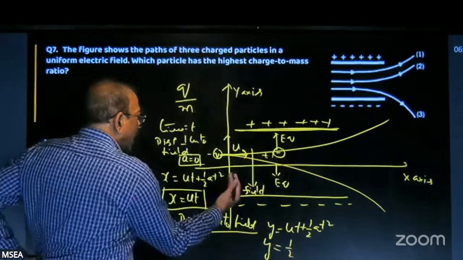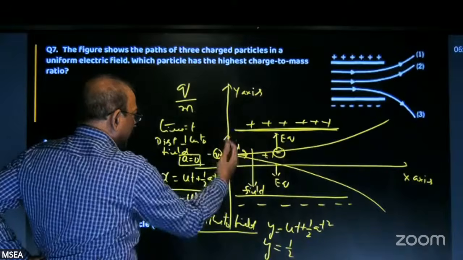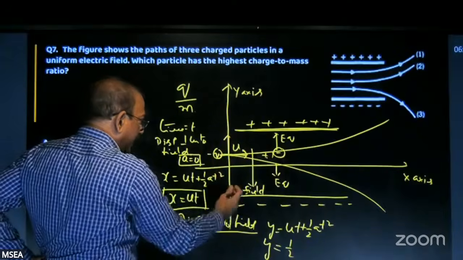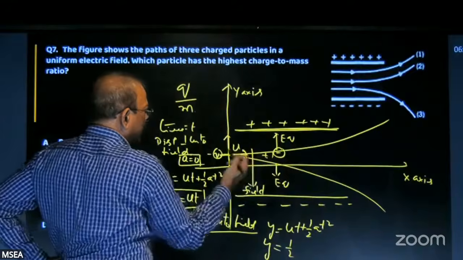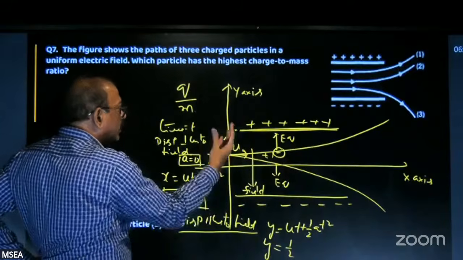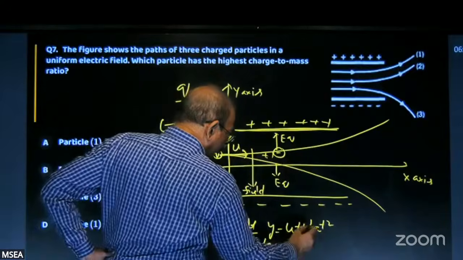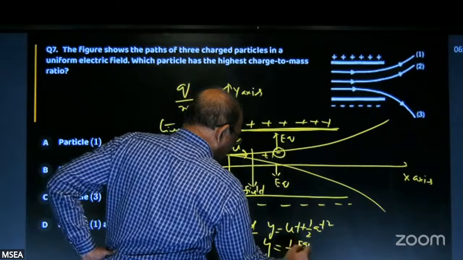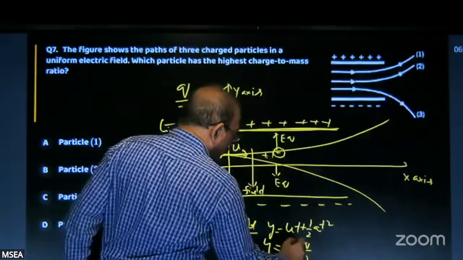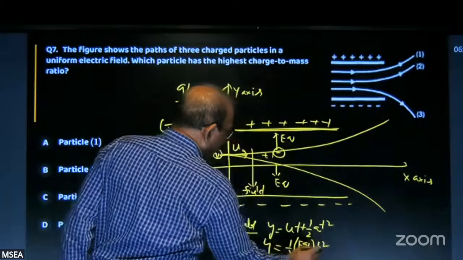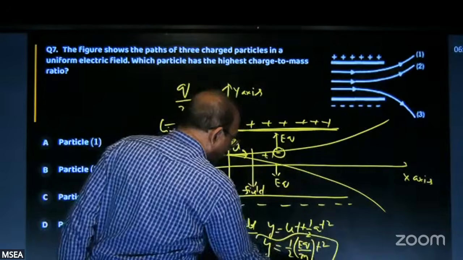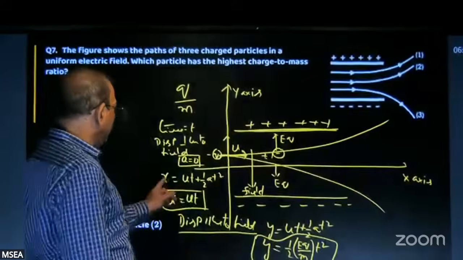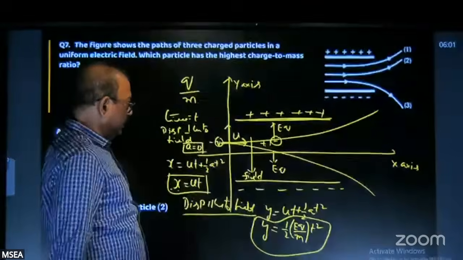Half into acceleration along the field direction. Along y-axis, due to the electrical force EQ, acceleration will be there. That acceleration is force EQ by mass, into t square. This is displacement along the field. This is displacement perpendicular to the field.